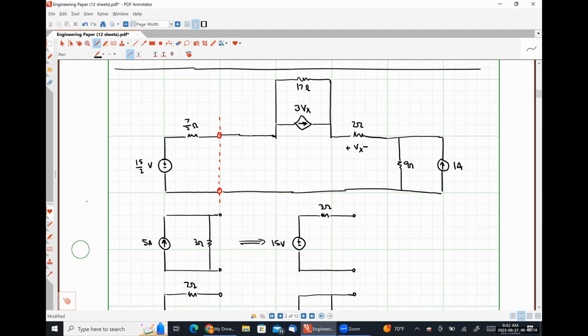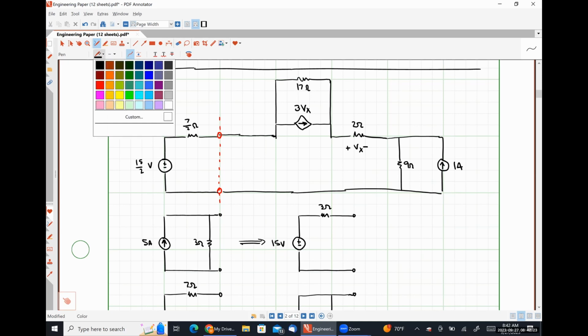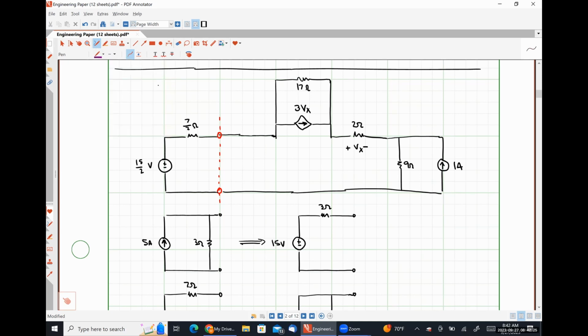All right. Let's look at this practical current source on the right-hand side of the circuit, right?